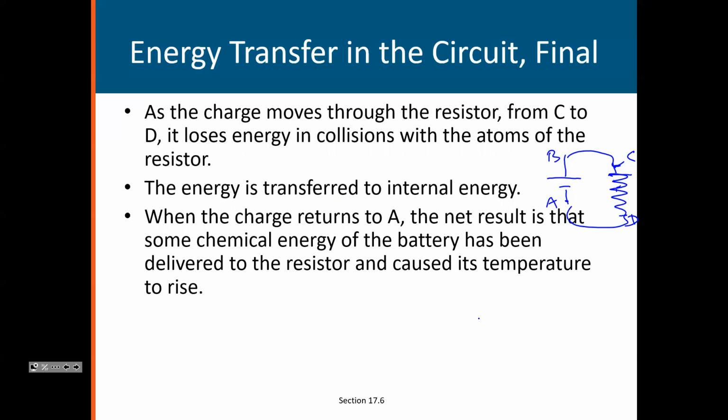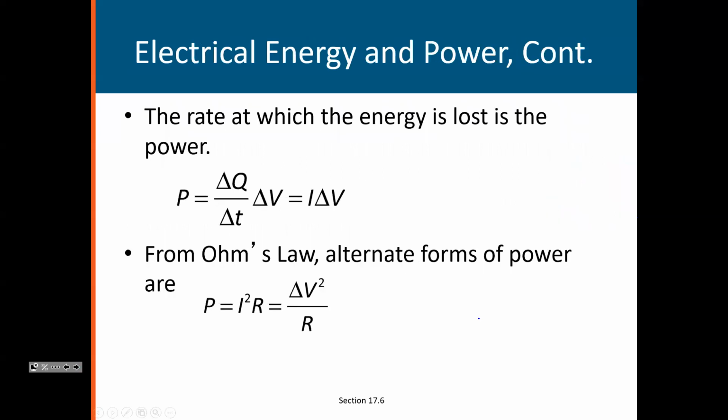When the charge returns back to A, the end of the battery, we can say the whole process is complete. The chemical energy of the battery has been delivered to the resistor, and the temperature of the resistor has increased as heat energy.